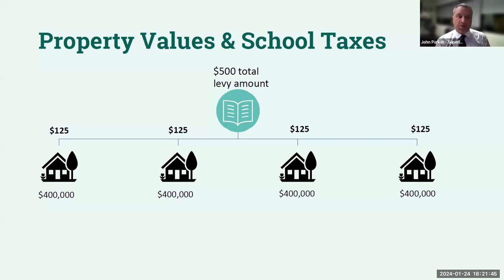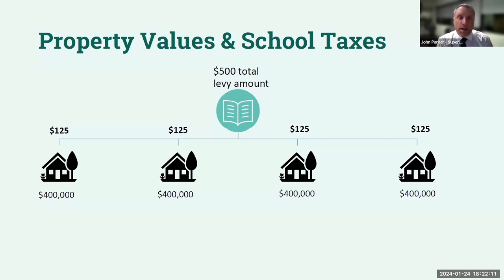And let's assume we had 4 homes, each valued at $400,000. Because they have the same assessed value, each of the 4 homes would pay the same tax or levy of $125 to meet that voter approved $500.